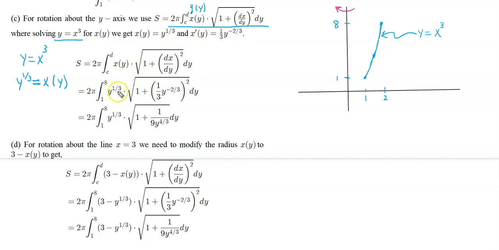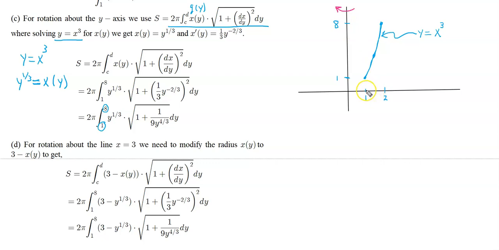So x is y to the 1/3, dx dy is 1/3 y to the -2/3, and notice that our limits of integration now are 1 to 8. And that comes from our graph over here. Notice when x is equal to 1, y is equal to 1, and when x is 2, y is equal to 8.